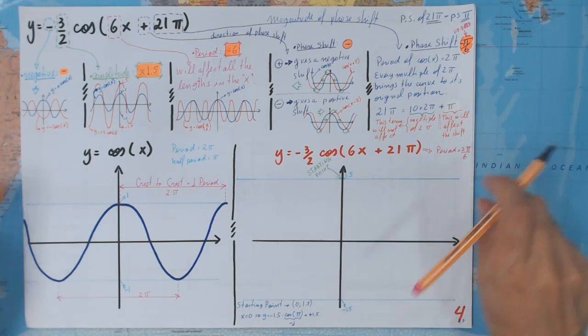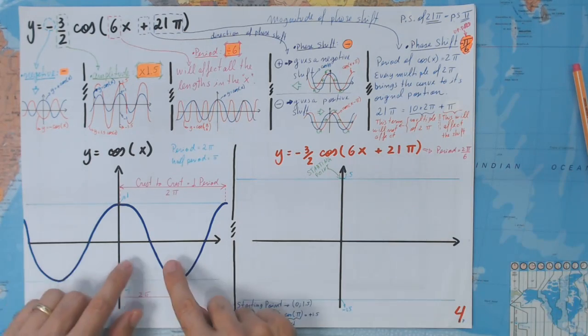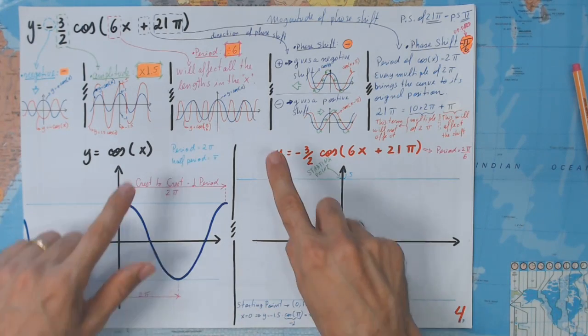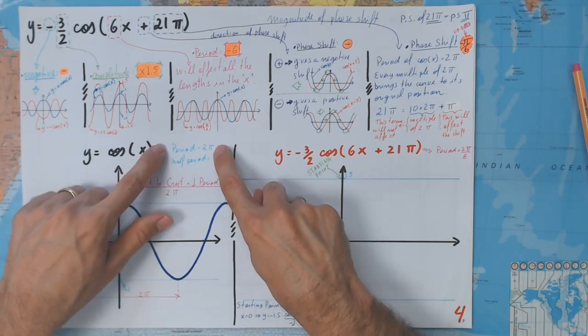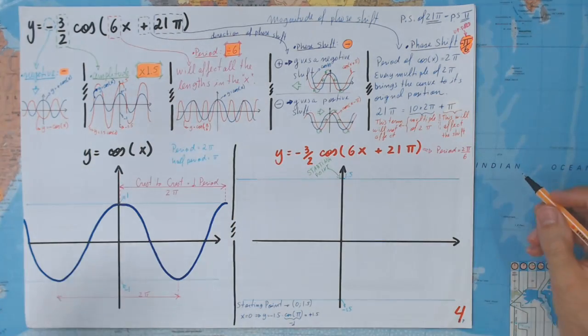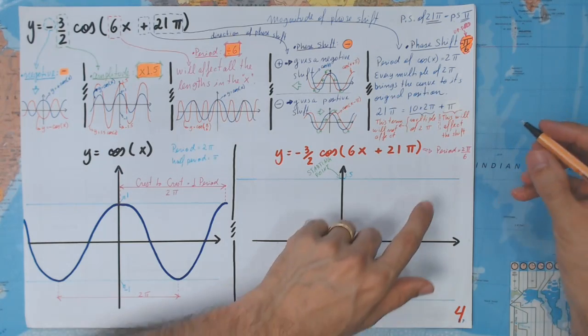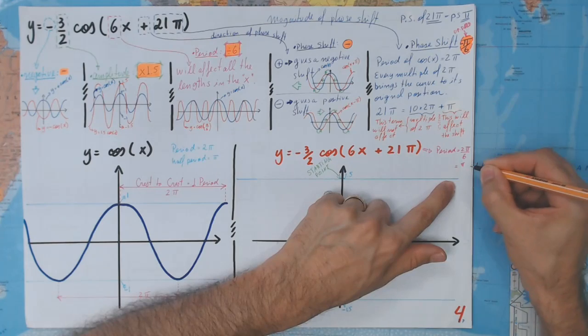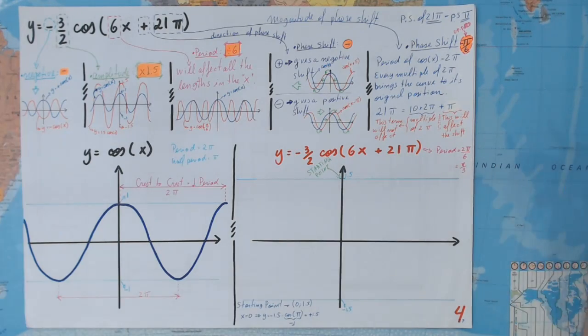The period is measured in the x direction, it is in this axis. Therefore, the period is going to be affected by this factor in here. And so the new period is just pi over 3. That's it. That's all we needed to know about this exercise.